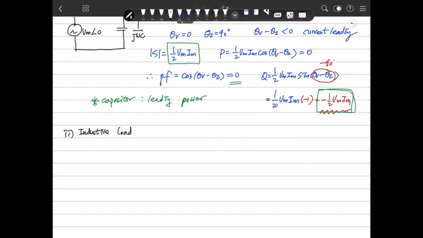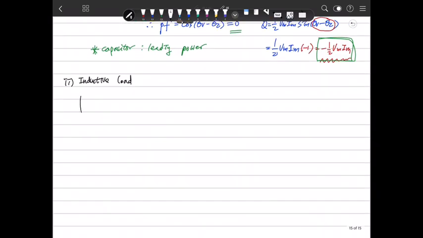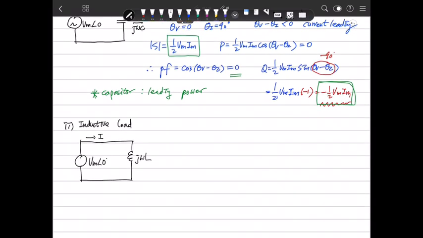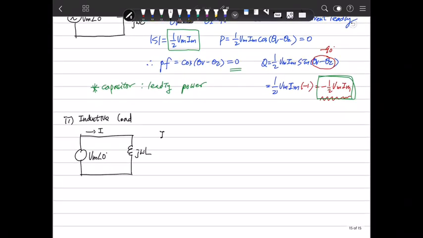But how about the inductor? Inductive load. Say this is the source, with an inductor here. This is Vm angle 0 degrees and j omega L. Then current I is V divided by Z, so Vm angle 0 over j omega L is Vm over omega L, and angle is minus 90 degrees.